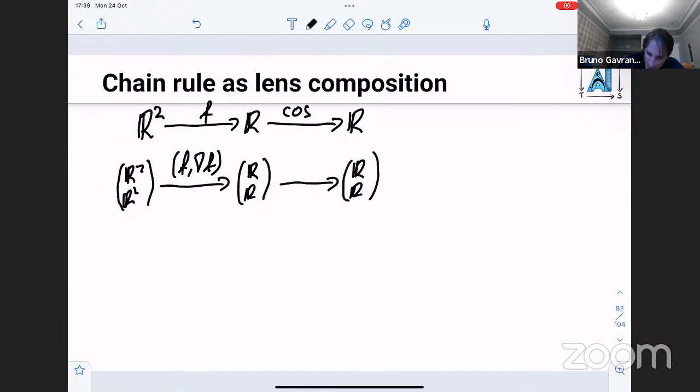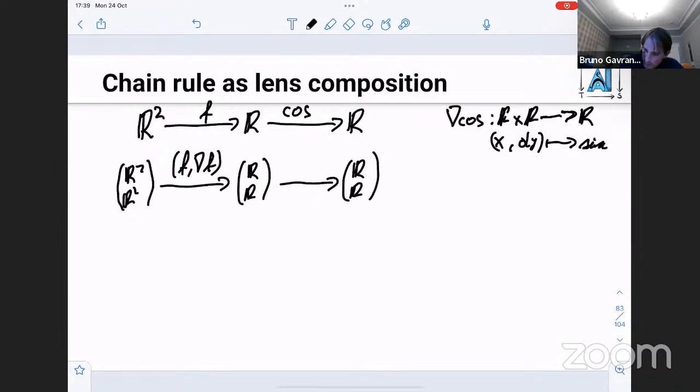And if I think of cosine, the gradient of cosine really is going to be a function R times R into R. So given x and a change in the output, we're going to return sine of x times dy. So if we look at cosine and its gradient as a lens, then evaluating the previously defined lens composition is going to compute exactly the chain rule.